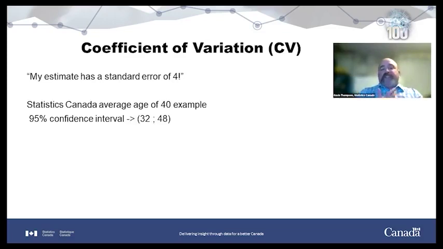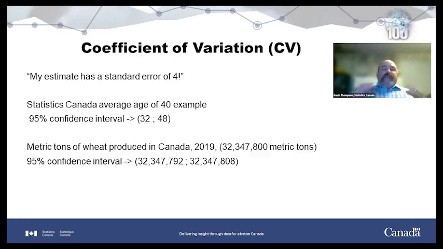So for example, Statistics Canada, the average age example, my 95% confidence level was 32 to 48. But let's look at another example with a standard error of 4, sorry. Let's look at metric tons of wheat produced in Canada in 2019. So there were 32,347,800 metric tons.